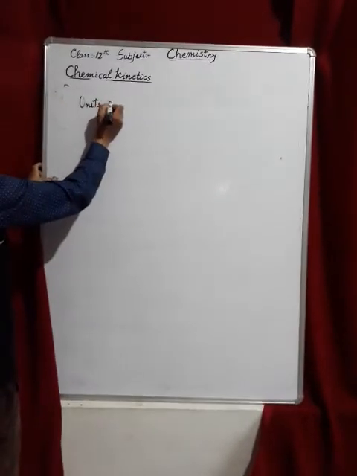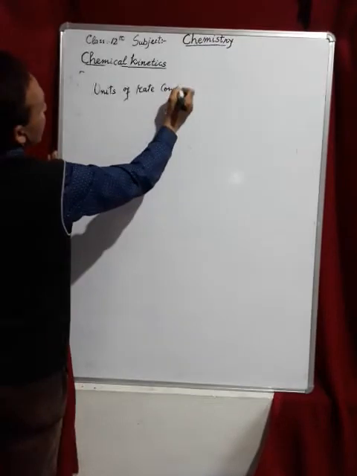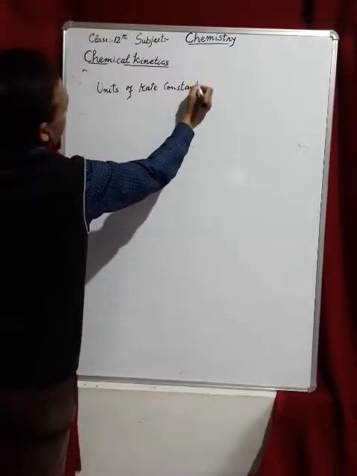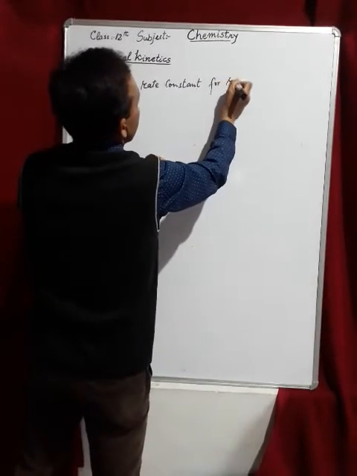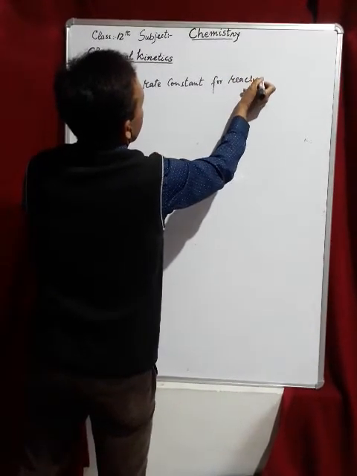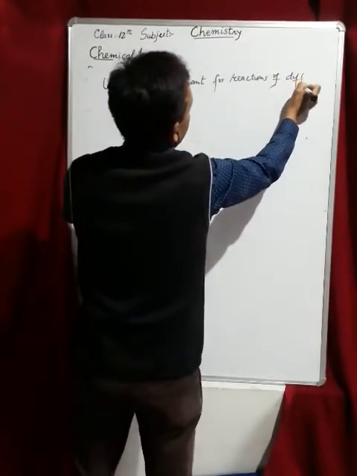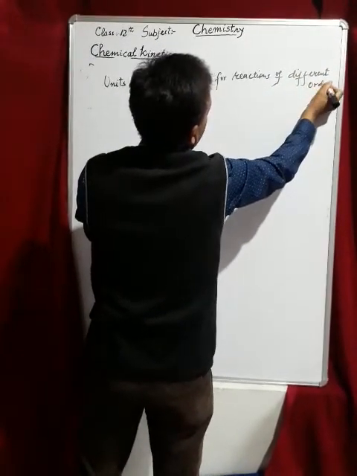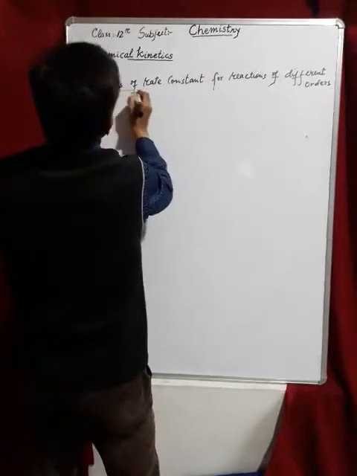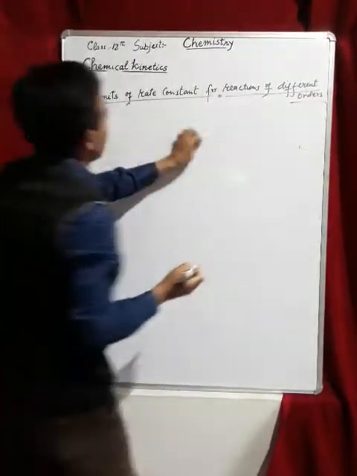Units of rate constants for reactions of different orders. तो हम कैसे डिटरमाइन कर सकते हैं, एंड व्हाट आर द यूनिट्स फॉर द रेट कांस्टेंट, दैट इज k, for the reactions of the different orders.